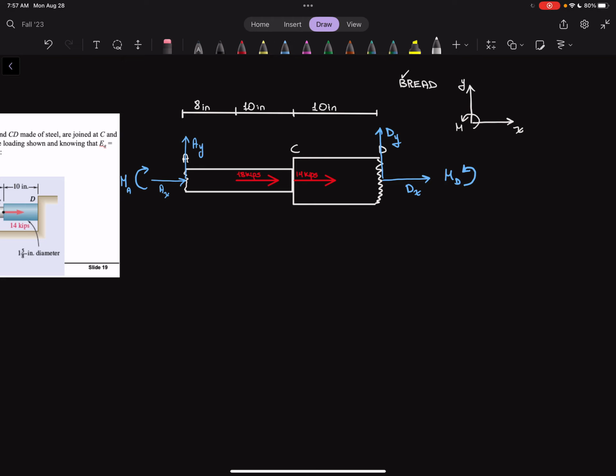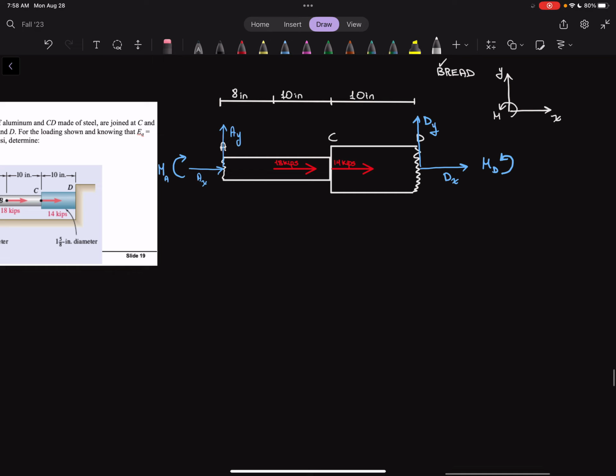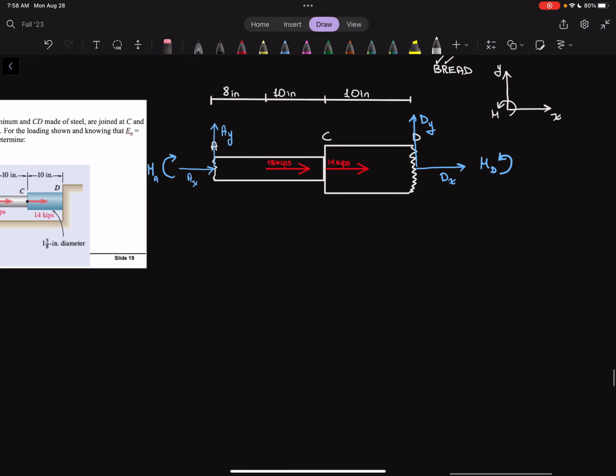We have a body right here, and we've included everything in that body, except for the two fixed supports. We've drawn the reaction forces here with the moments placed in such a way that they will make this beam smile, and then the x and y components along our axes.